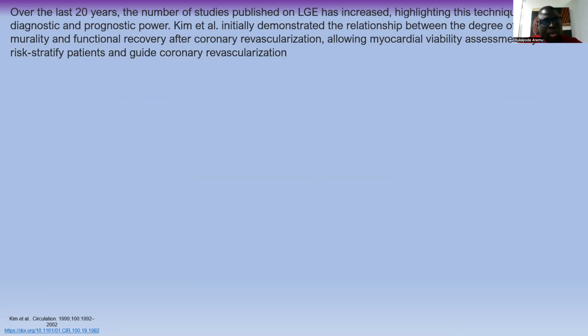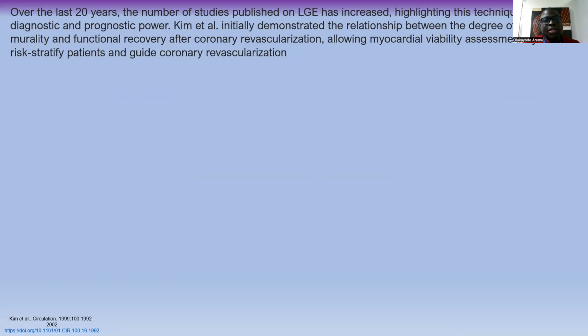So if you look back about 20 years ago when CMR came into play, Kim et al. were one of the first to use this late gadolinium enhancement.